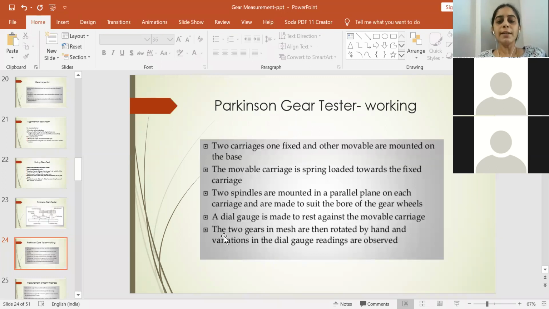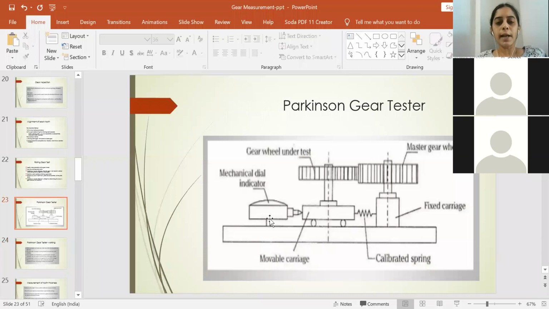After that, the two gears in mesh are rotated manually by hand, and any variations you get will be recorded and observed on our mechanical dial indicator. This is how the Parkinson gear tester operates in order to find any deviations or errors associated with the pitch.